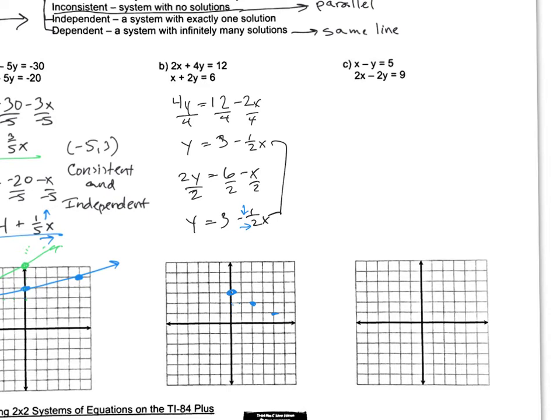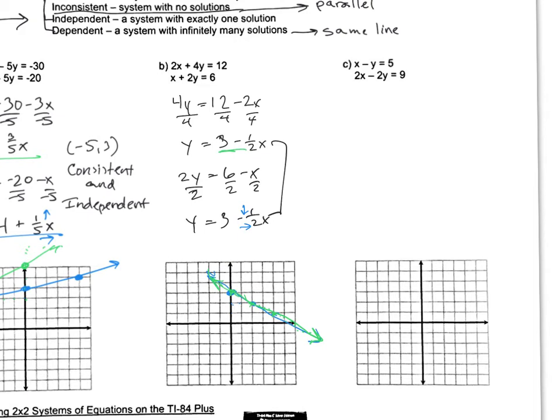I'm going to graph the points over and over again just because I can't draw a straight line. If we were to do the other line, it doesn't matter which one you call the other line, you'd see that you'd end up right on top of each other. Basically, that means there are infinite points of intersection. Every single point is a point of intersection, so this has an infinite amount of solutions.